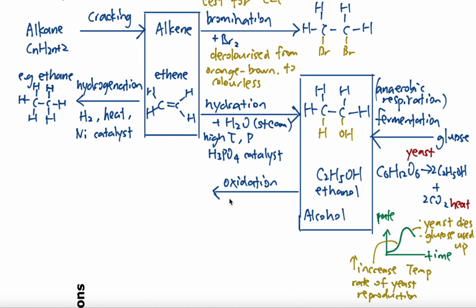You can either use the natural way, fermentation, and that involves bacteria, or the chemical way, which is using an oxidizing agent. The common oxidizing agent that we use is acidified potassium manganate.